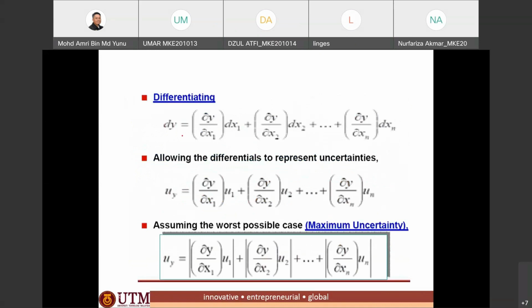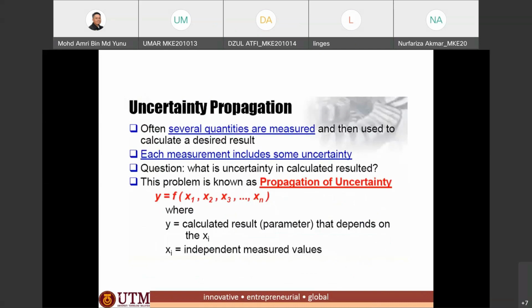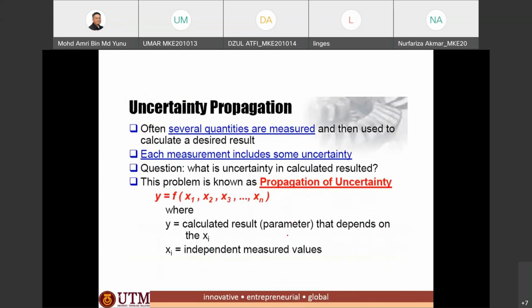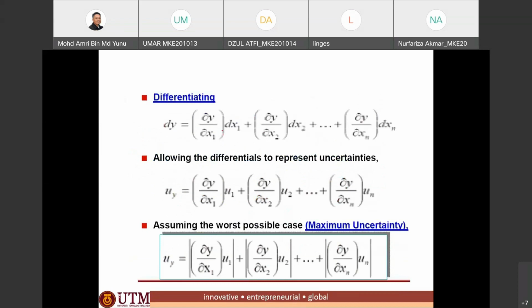So the first step in calculating the propagation uncertainty is to differentiate every independent value, and then multiply with the uncertainty.